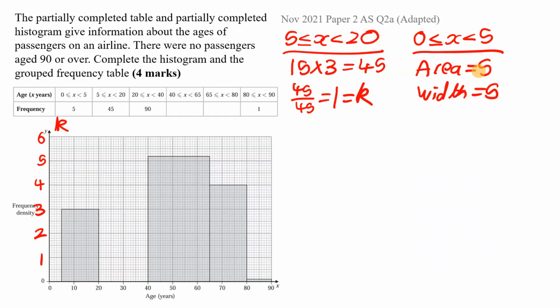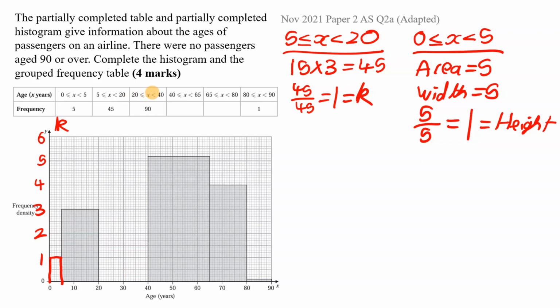Therefore the height, as we know the area is 5 and the width is 5, 5 divided by 5 is 1, so the height of the bar is 1. So therefore the bar is going to be this here. So this is the bar between 0 and 5.